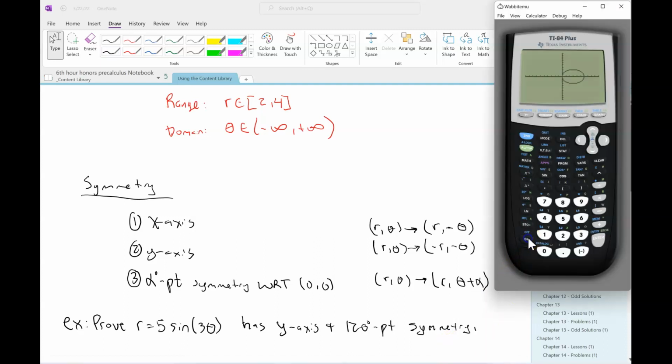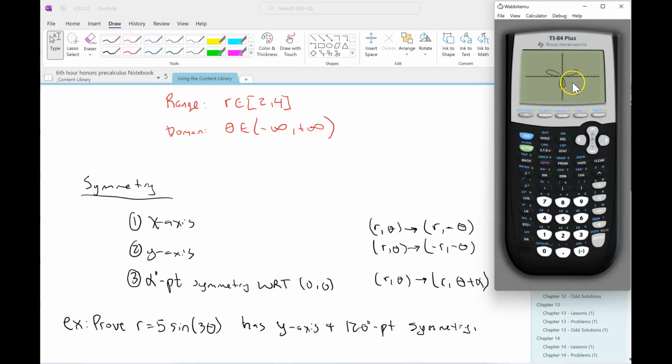Maybe before we do that, let's just take a look at the picture to see if we can observe that we have both of those things beforehand. So there's the graph of 5 sine 3 theta. Look, it's a pretty flower. So certainly it's symmetric about the y-axis, right? If I look, the right-hand side is a reflection of the left-hand side. Everybody agree with that?